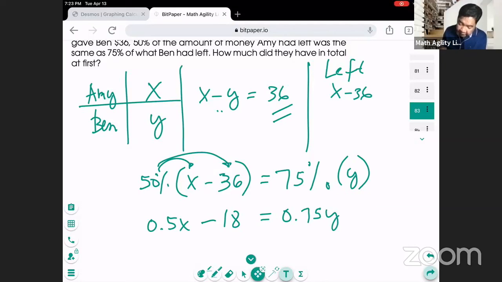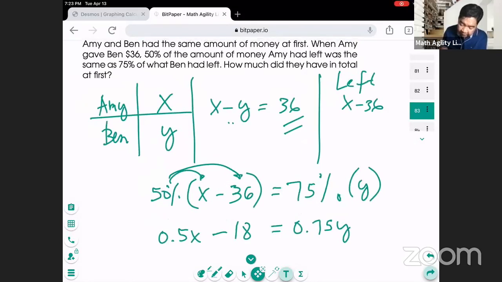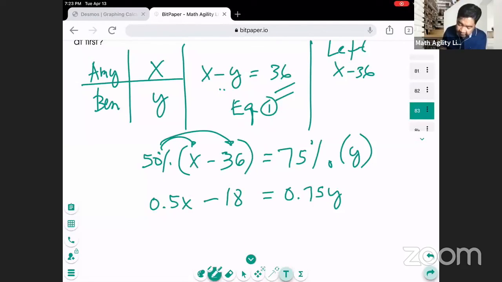So we have actually two equations, right? The first one is Equation 1, x minus y equals 36. And then let's rearrange this in terms of x. I would write y equals 0.5x minus 18 divided by 0.75.